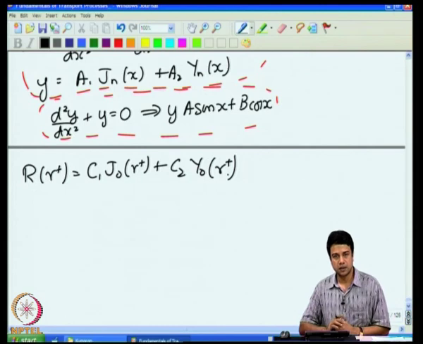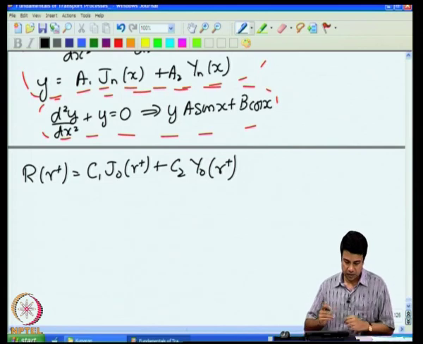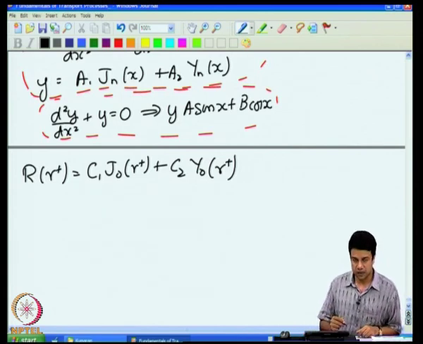Okay. These functions J0 and Y0, you can find in standard texts, in standard mathematical special functions books. I will just sketch broadly how they look.